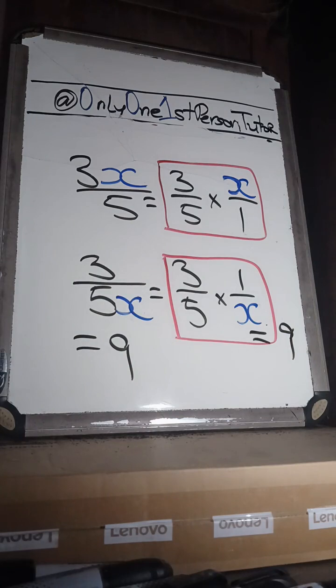Because if we're doing that, it means what we have is 9 times 1 times 3 is 27.